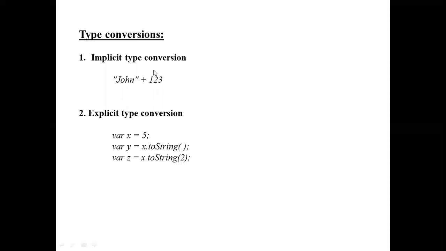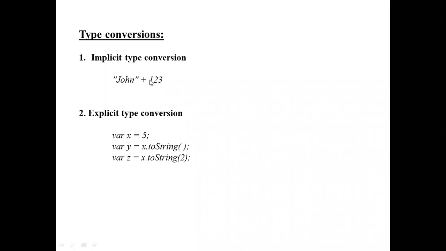That is implicit type conversion. Next, the second one, explicit type conversion. Here the conversion is done by the programmer. The conversion is specified by the programmer. That is explicit type conversion.